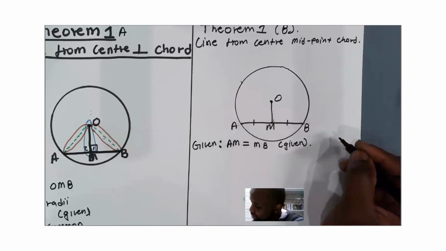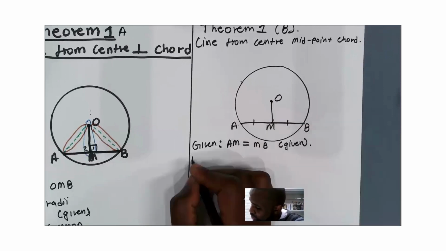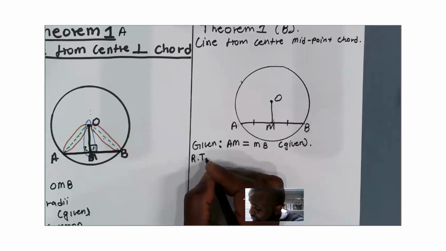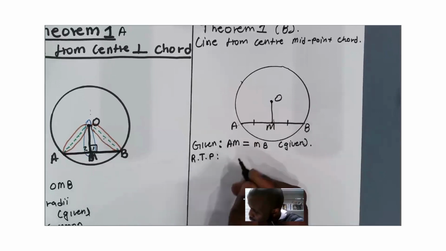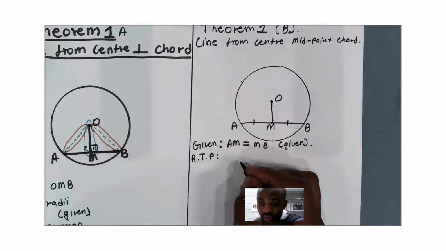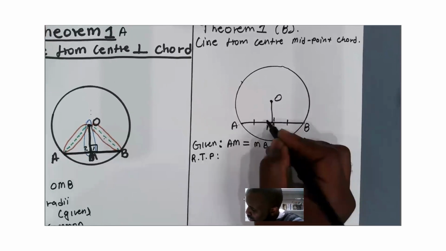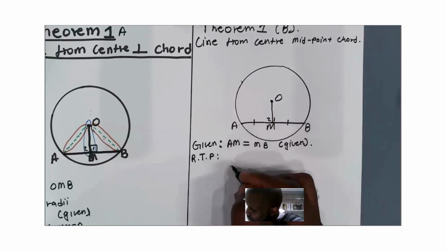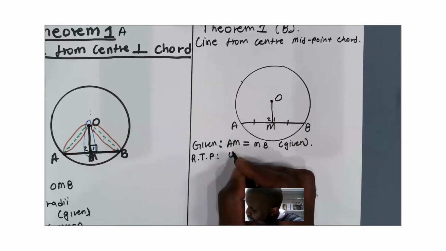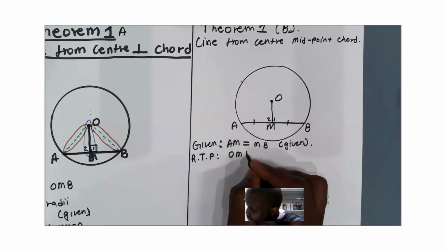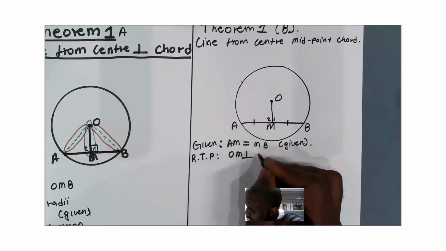Then what is being required of us to prove? Yini ke into esimele siyiprove? What we are going to prove here. So prove ukuthi, we'll call this 1 or 2. You're proving that OM is perpendicular to AB.